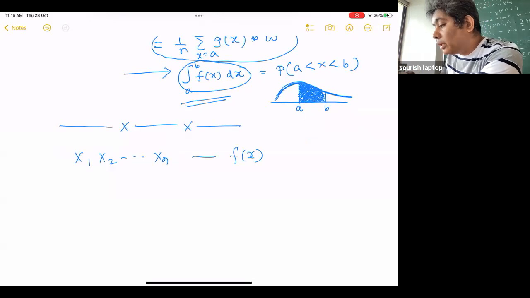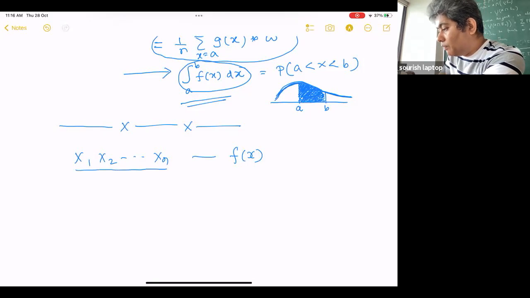These are all continuous random variables from a distribution with probability density function f of x. Now, typically, based on certain properties of the problem, we try to figure out what kind of probability distribution will be suitable.